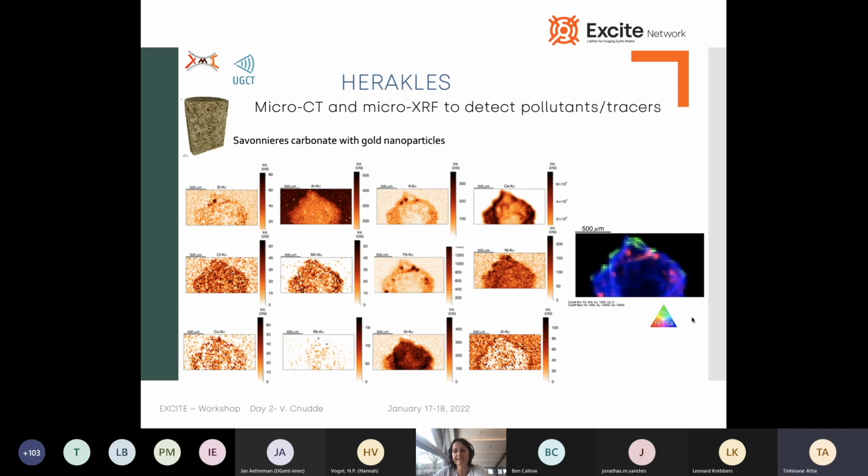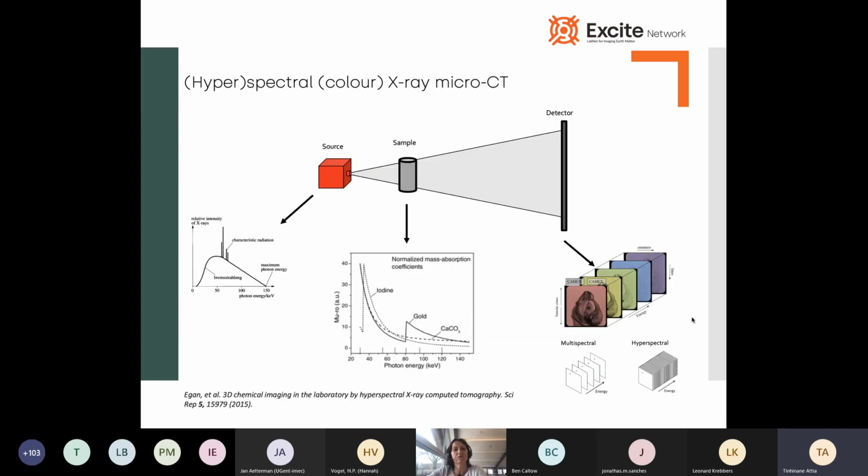But as we are missing this internal part, we are also looking for other methods. And this comes to what Peter was talking about, that you also have different kinds of detectors. If you use, instead of a normal X-ray CT detector, a spectral detector or a hyperspectral detector, you can register other information.